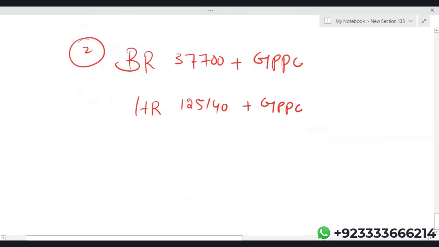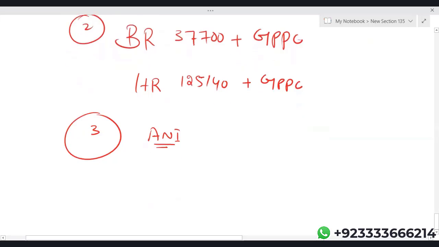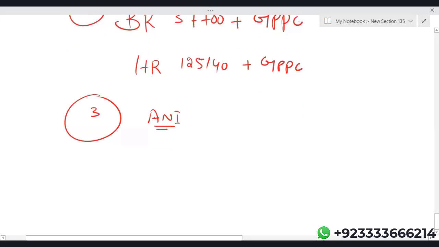Okay. Third, adjusted net income. Actually, gross PPC also reduces the adjusted net income. How do we calculate adjusted net income? What is the importance of adjusted net income? Let me explain. Number one is net income.